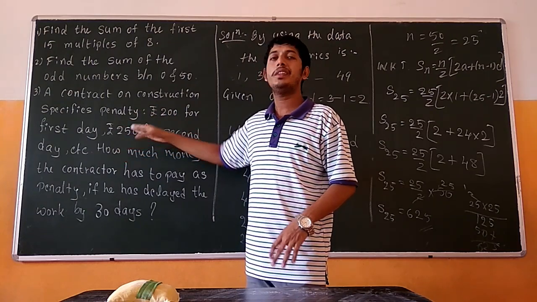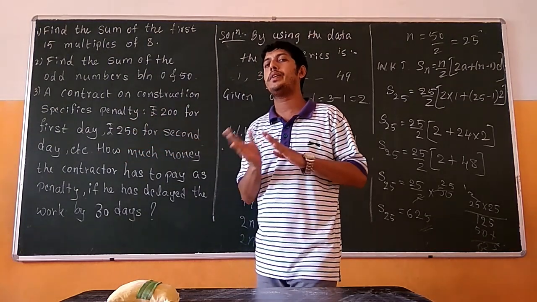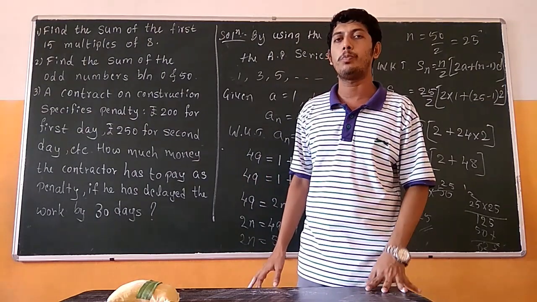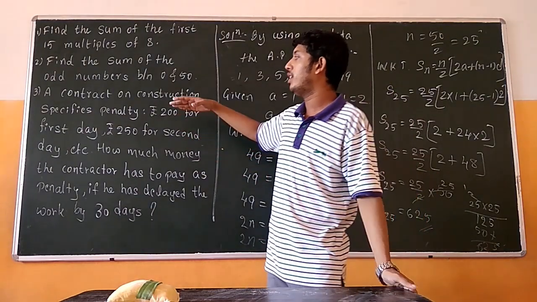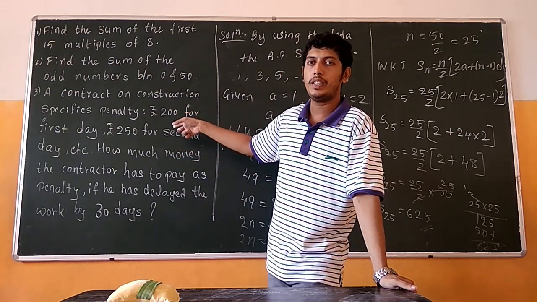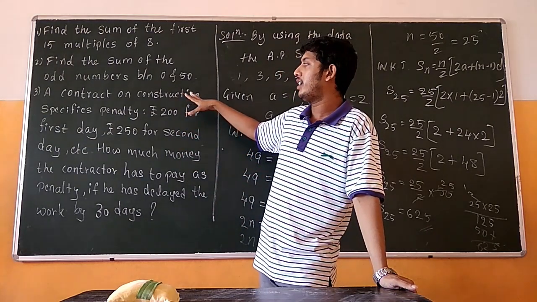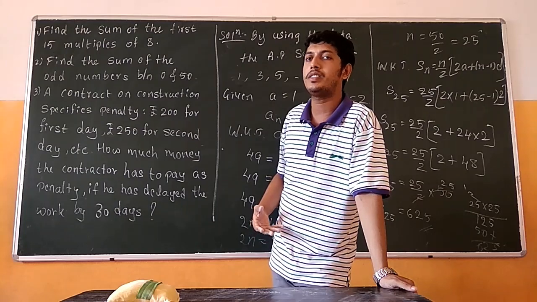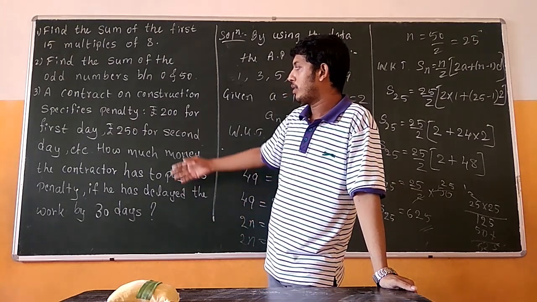The common difference here is 250 minus 200, which is 50 rupees. So the penalty for the third day is 250 plus 50, it becomes 300, then for the fourth day 350. Like that it goes on.